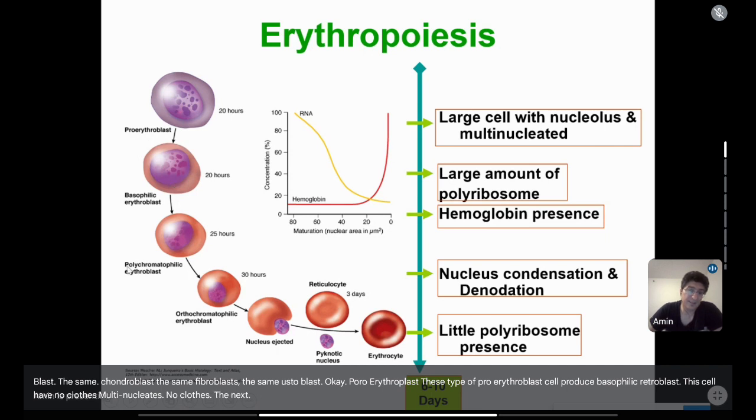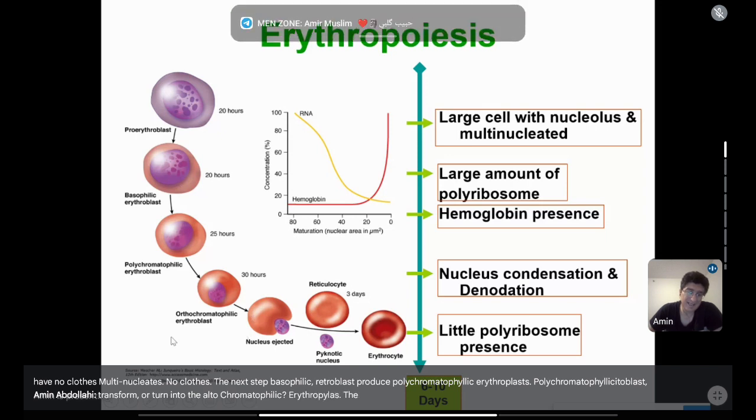The next step, the basophilic erythroblast produces the polychromatophilic erythroblast. The polychromatophilic erythroblast transforms into the orthochromatophilic erythroblast.